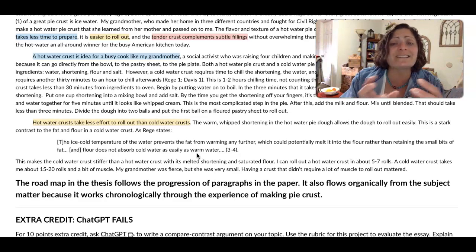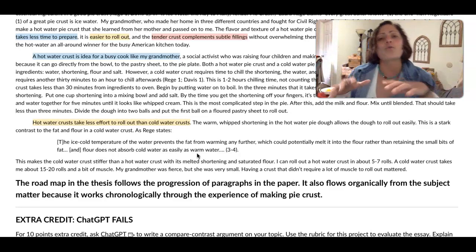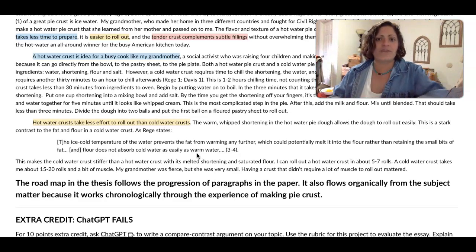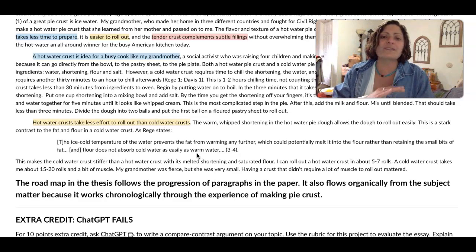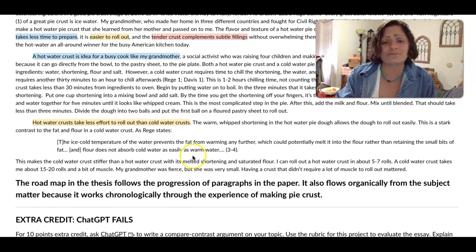Hot water pie crust, it's the opposite. You have melted fat. So just logically, rolling out fat that's stiffer on purpose is going to take more effort and more time than rolling it out when it's melted and it's saturated the flour.